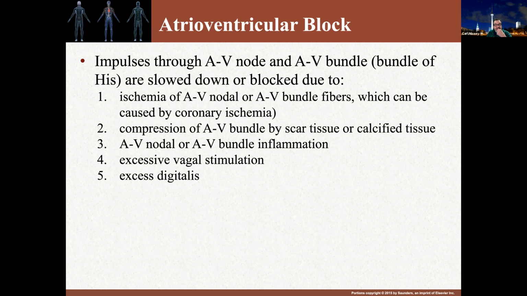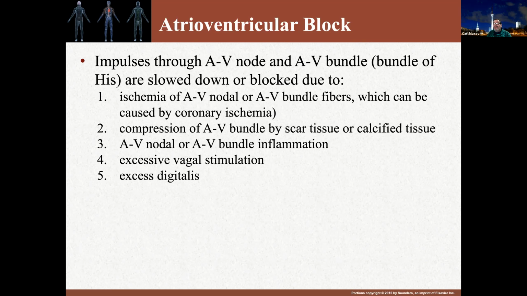Ideally, the SA node is responsible for setting the pace and regulating the speed of contraction. But in AV blocks, the ventricles fail to get this message from the SA node, and the ventricles come with their own pacing mechanism. If they do so, the heart rate gets slower.